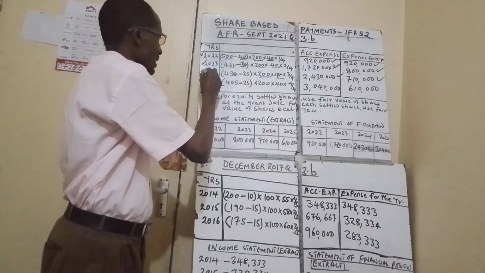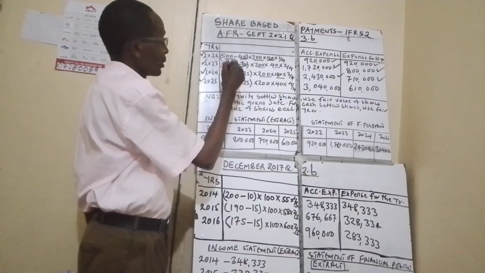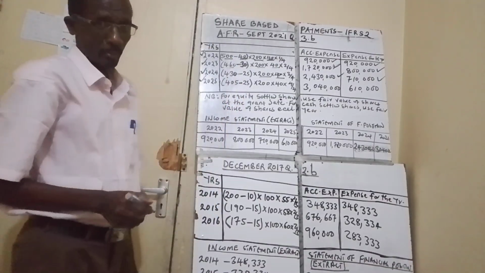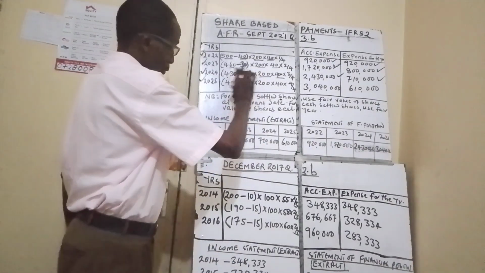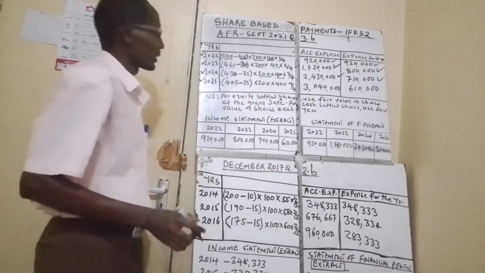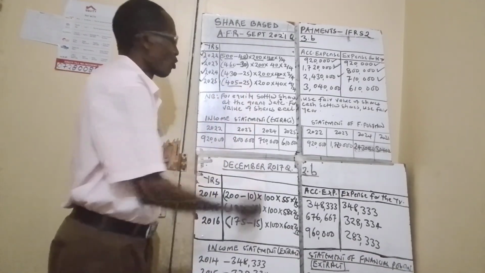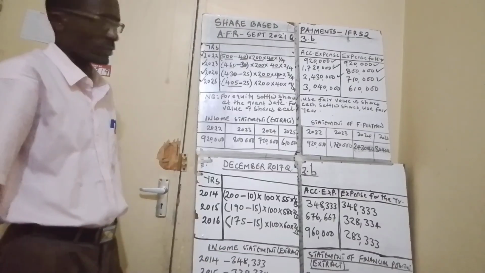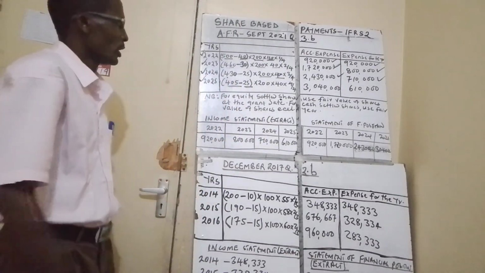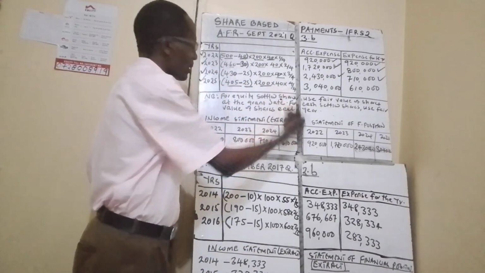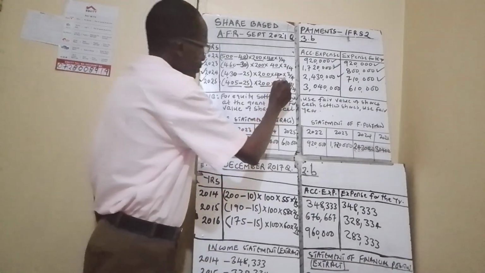Then you go to the last year, 2025. In 2024, we had 430 employees minus 25, the employees who left. So when 25 employees left, we were left in the year 2025 with 405 employees. In the same year 2025, 25 were expected to leave. So multiply by the number of options, which is 200, does not change, times 40.